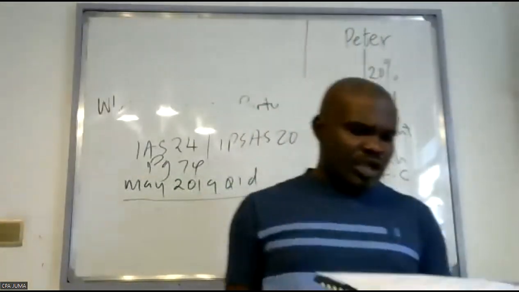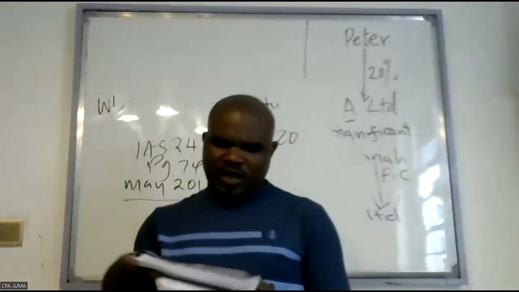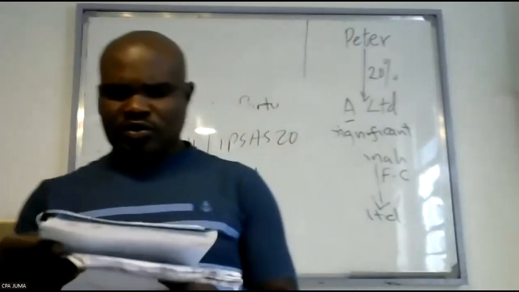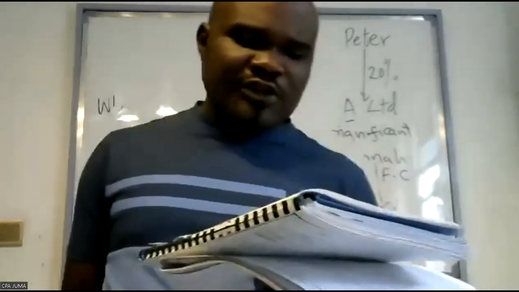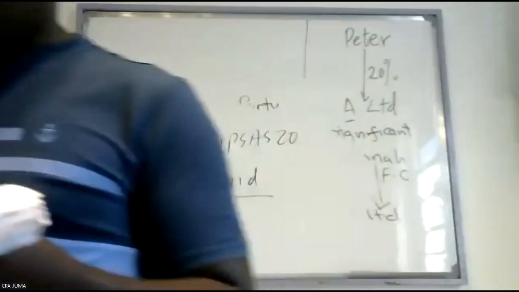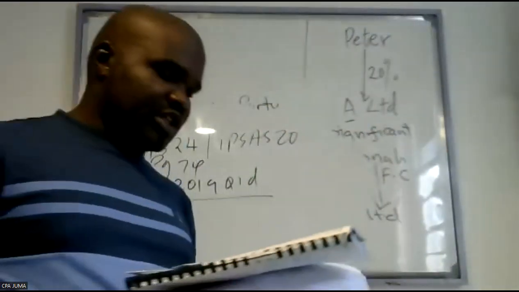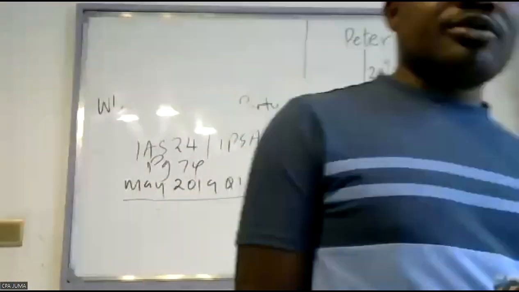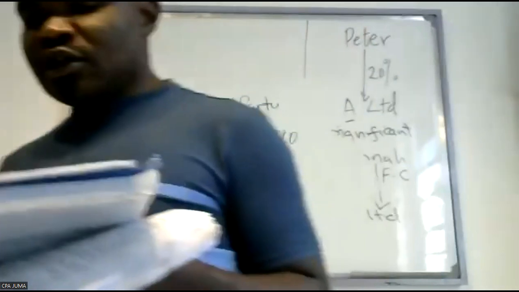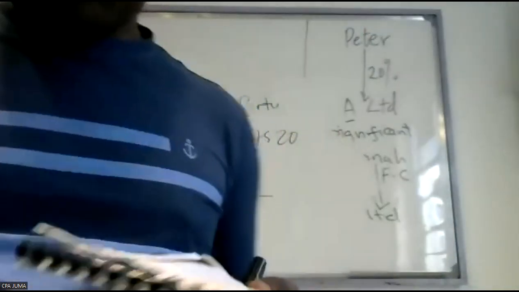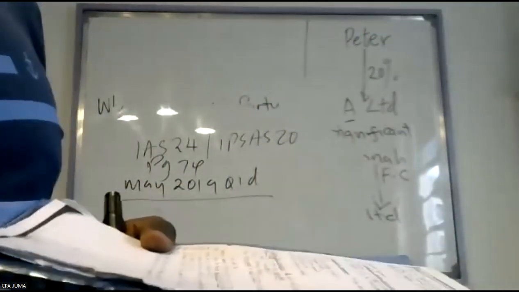So number one, you say IPSAS 20 defines the relationship between related parties into details.